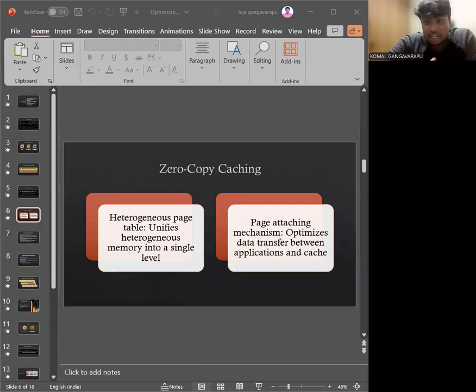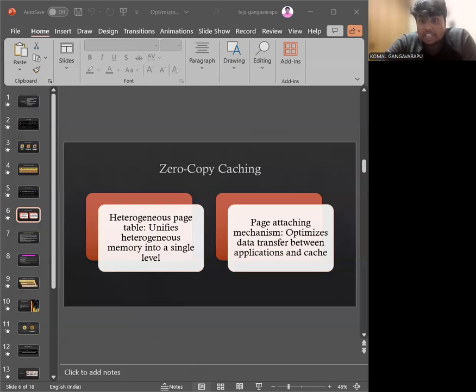In traditional caching systems, data often needs to be copied from the application buffer to the cache and vice versa, introducing latency and consuming additional resources.